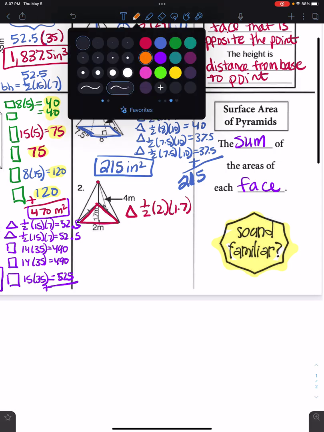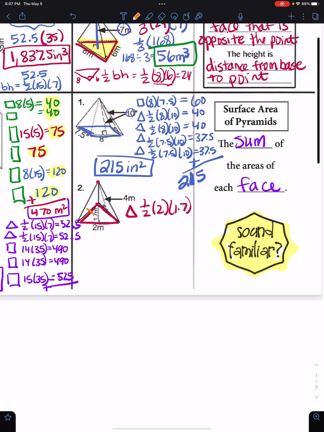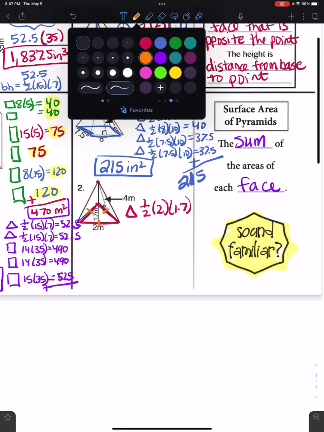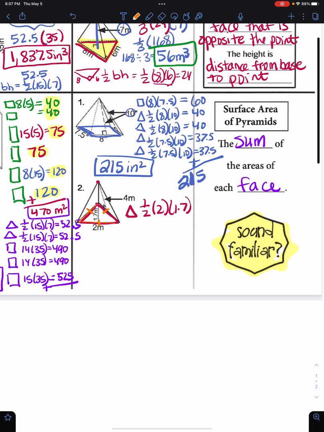And we know they're identical because these lines right here are saying that this is an equilateral triangle. So they all have a side of 2, which means that if we just took this one and colored it in, just to show you what I'm talking about, it has a base of 2 and a height of 4. So there are 3 that have a base of 2 and a height of 4.